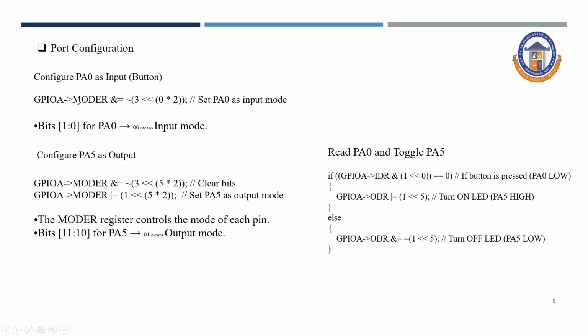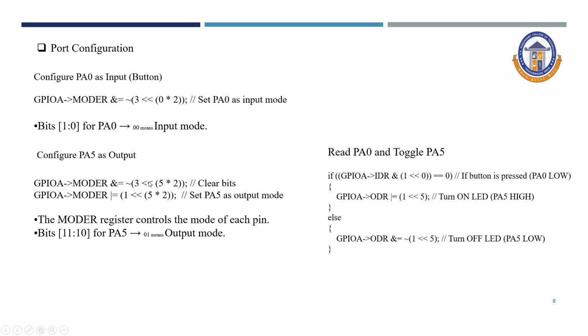Similarly, if I configure port A fifth pin as output, just refer to these two codes: configure port A0 as an input button, configure port A5 as an output. From this pin, if you connect an LED, it will react. If you connect a motor, it will react, right? Here 0 and 5 represent the 0th pin and 5th pin.